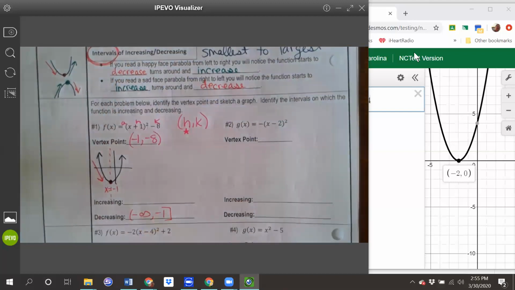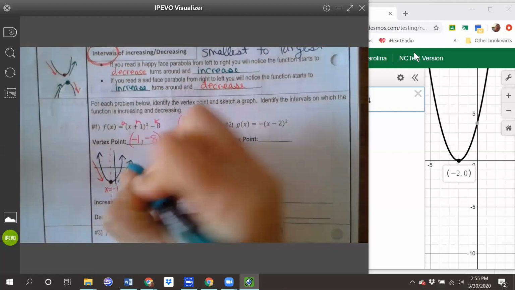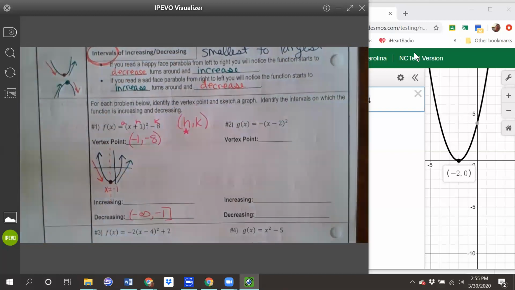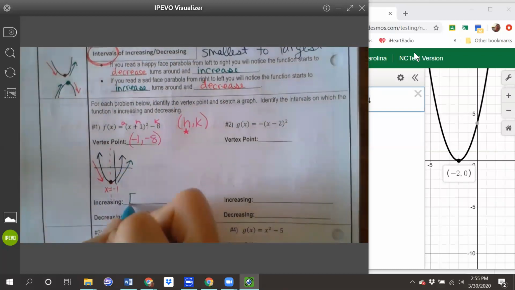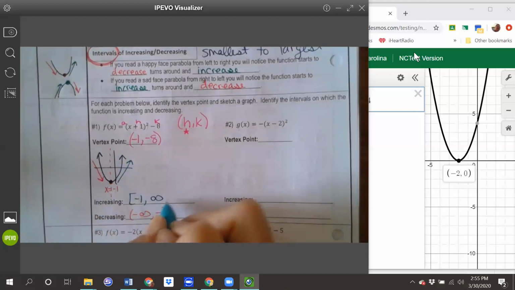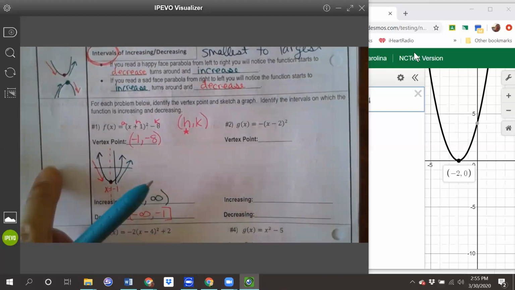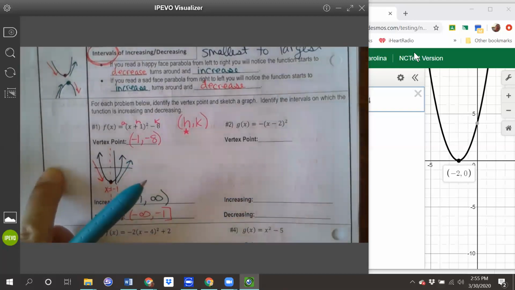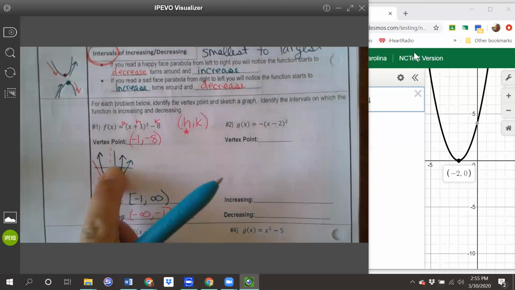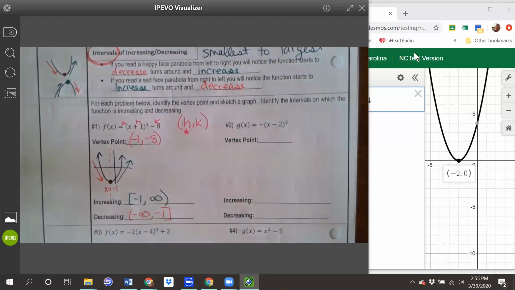And then once we hit -1, our graph turns upwards and we are now increasing. So starting at the vertex -1, we are increasing until positive infinity. These are x values. I'm going from the very left, which is -infinity, all the way to the vertex, and then all the way to positive infinity.